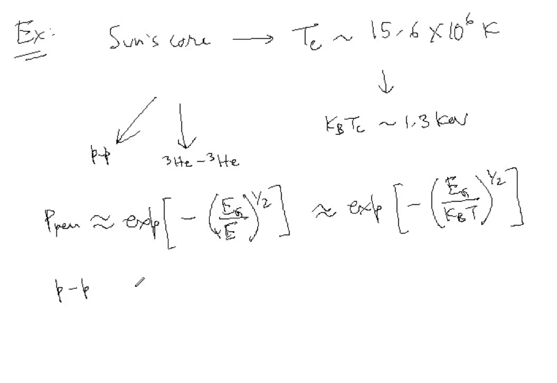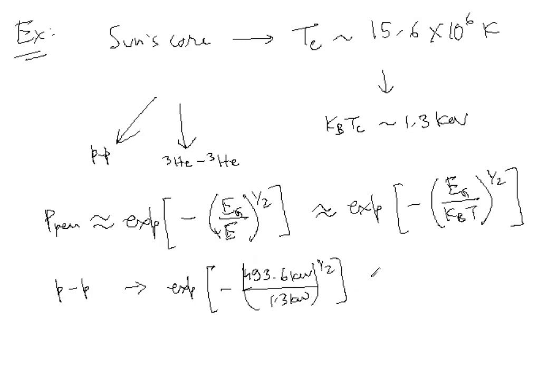If we do this, then we have basically exponential minus 493 or 493.6 actually divided by 1.3 keV, to the power half, and you see this comes out to be 3 into 10 to the power minus 9.